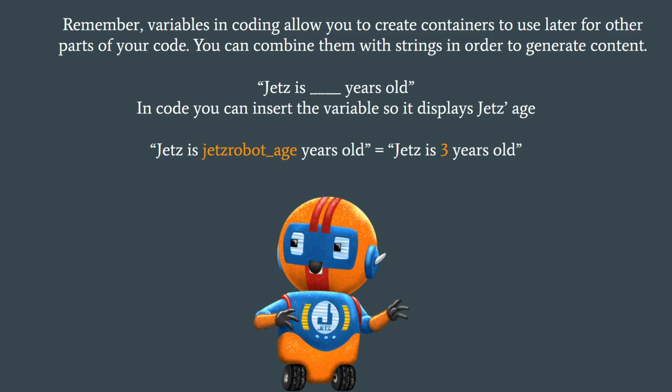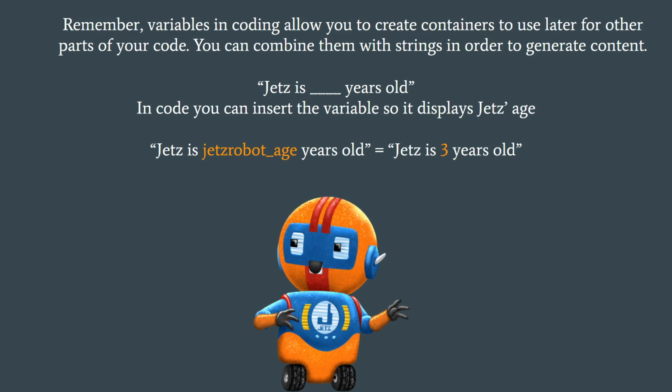All right. So remember, lastly, variables in coding allow you to simply create containers to use for later parts in your code. So you can recall values, you can recall words or terms, arrays, what have you, to reuse later on in your code, and it just makes it easier so you don't have to constantly repeat yourself over and over again.